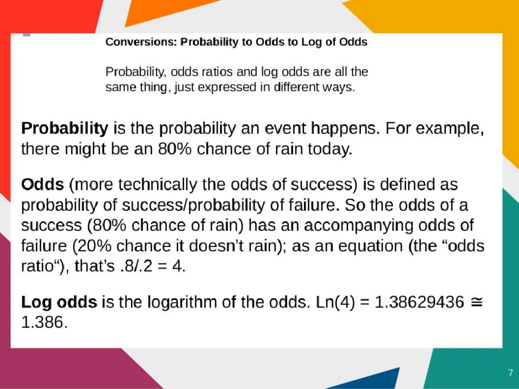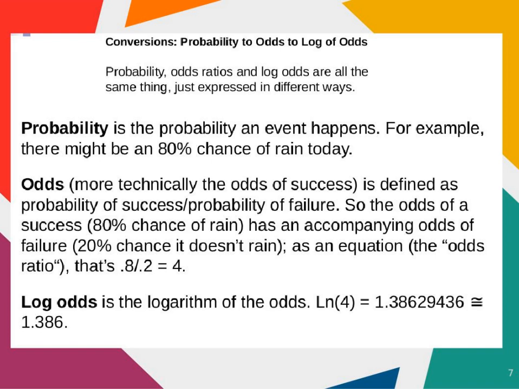Odds is defined as the probability of success divided by the probability of failure. So the odds of success for an 80% chance of rain has an accompanying odds of failure of 20% chance of not raining. So as per the equation, the chance of rain odds value is 0.8 divided by 0.2, which is equal to 4.